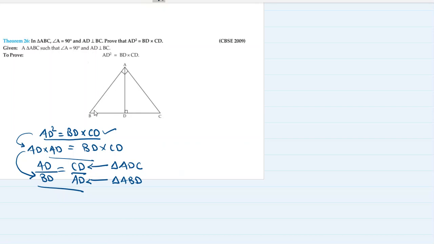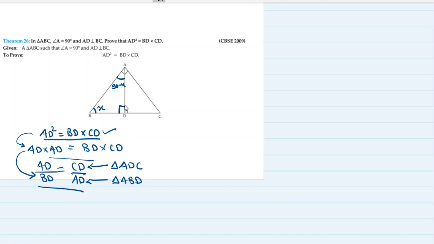If you remember, I told you in the proof of Pythagoras theorem that there is a technique which is taking one of the angles as x, and that is a very useful technique. If you assume this angle ABD to be x, you know that angle ADB is 90, then this angle becomes, by angle sum property, 90 minus x.